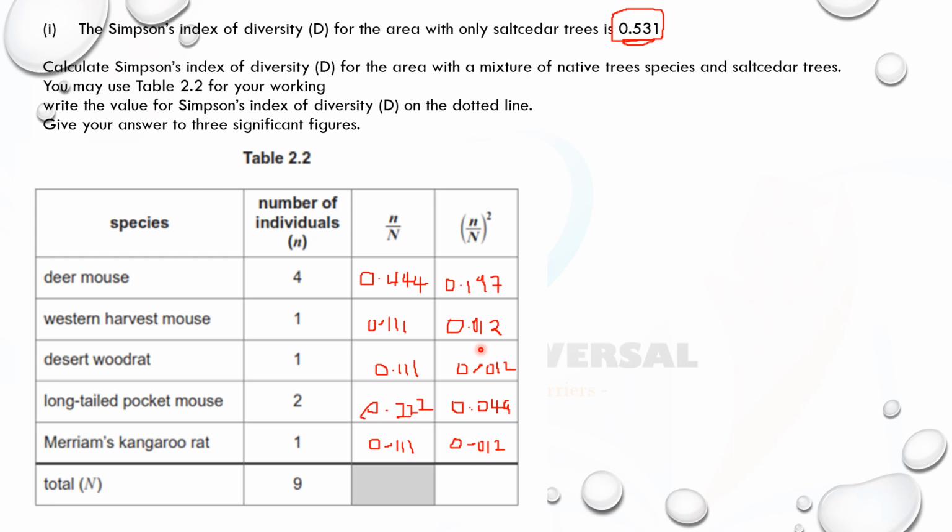So the total gives us 0.28. So that's 0.28, guys. So after adding up, we have 0.282. We have gotten the summation of everything.